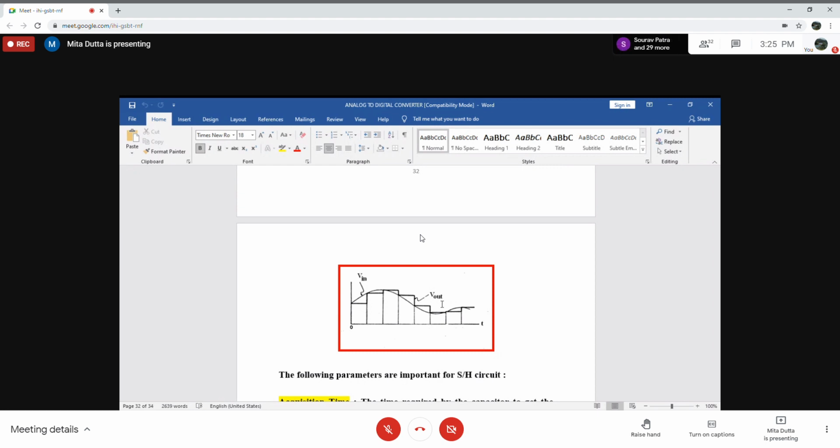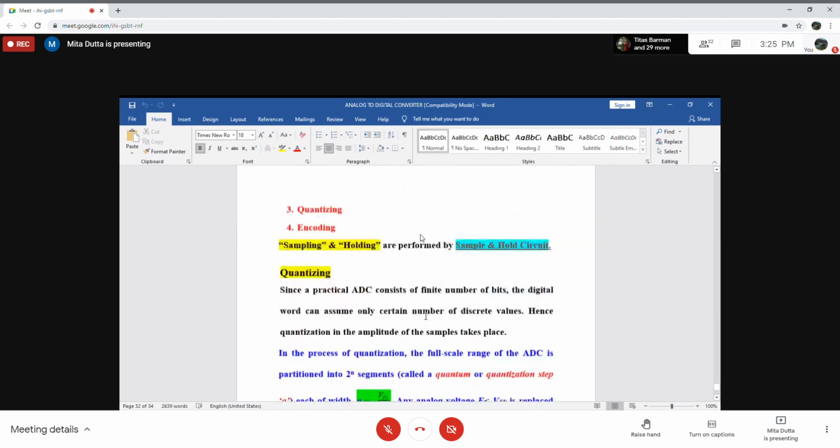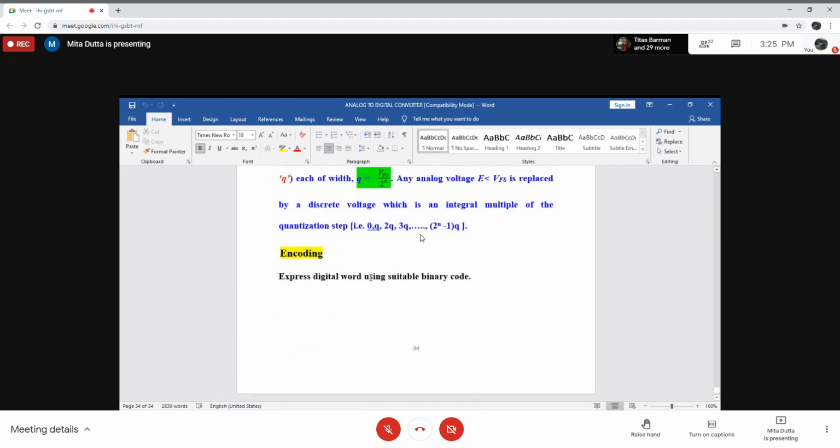How could we represent it? 0 1 0 0 1 0 1 0 1 1 1 and so on. This will be the digital signal, which has only two levels, either 0 or 1. That is known as encoding. So encoding is the digital word using a suitable binary code.